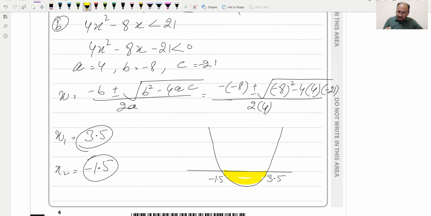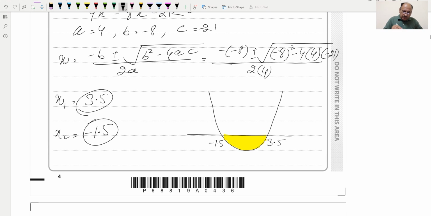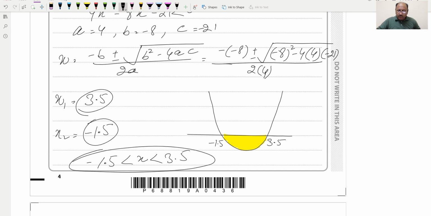The y value is lesser than 0, so we are taking this region, and the answer which we will be writing will be what? x is greater than minus 1.5 and less than 3.5. This will be our final answer for this question.